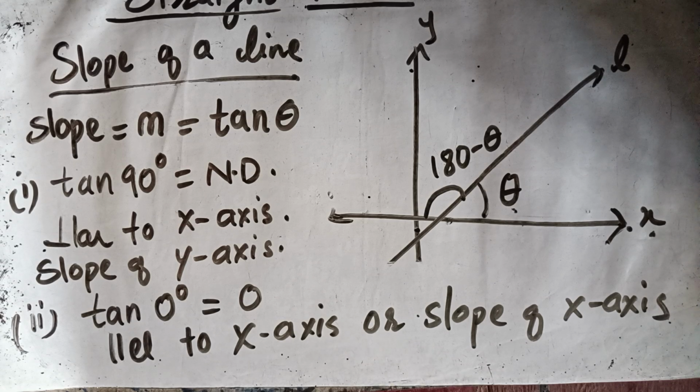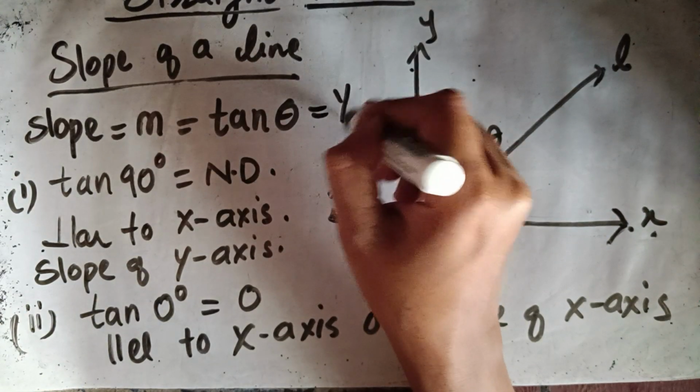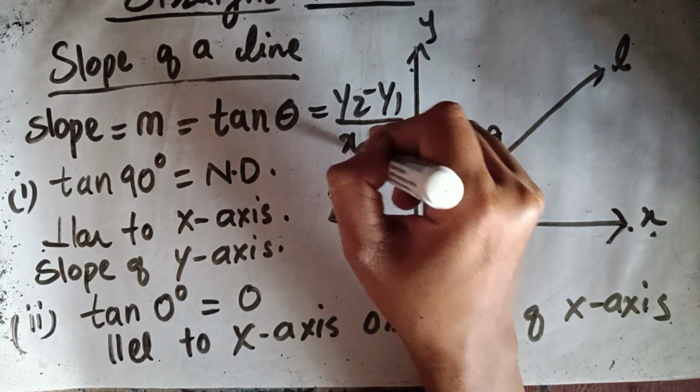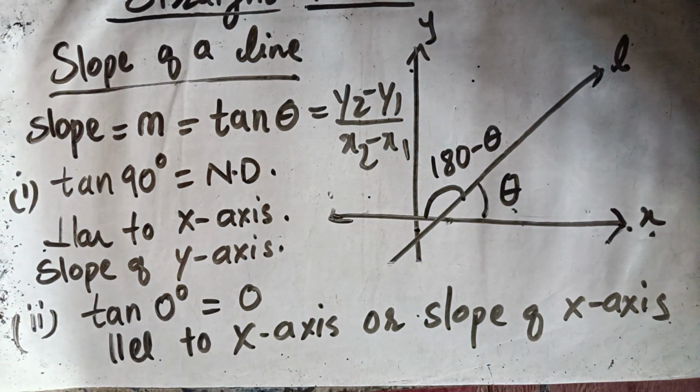Then the slope of a line when the coordinates of any two points on the line are given: we have just done this, that is (y2 minus y1) upon (x2 minus x1).